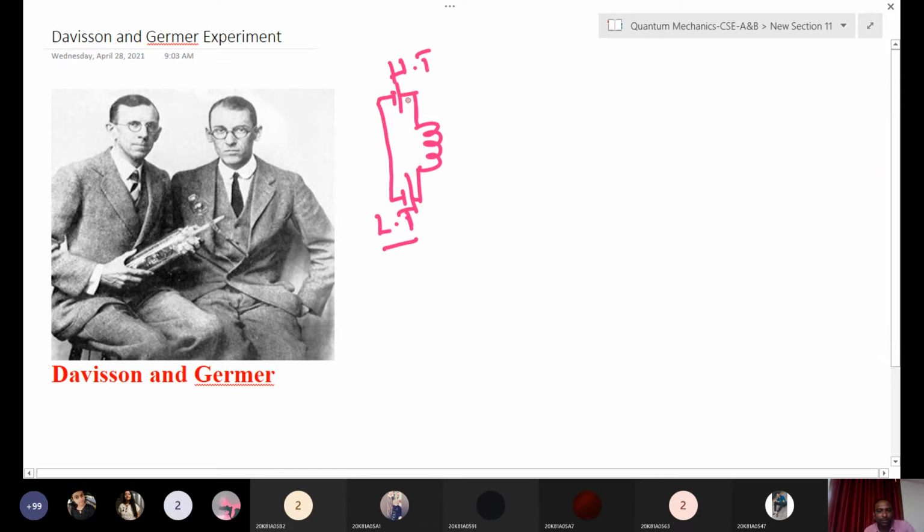Using this low tension and high tension battery, they heat the filament, and from this filament electrons will eject. Here we keep two slits, D1 and D2, two very fine holes, to collimate the electrons, focusing them into a very fine beam.